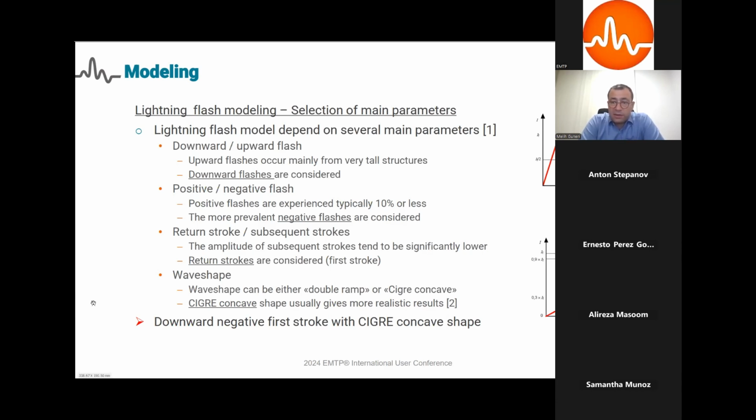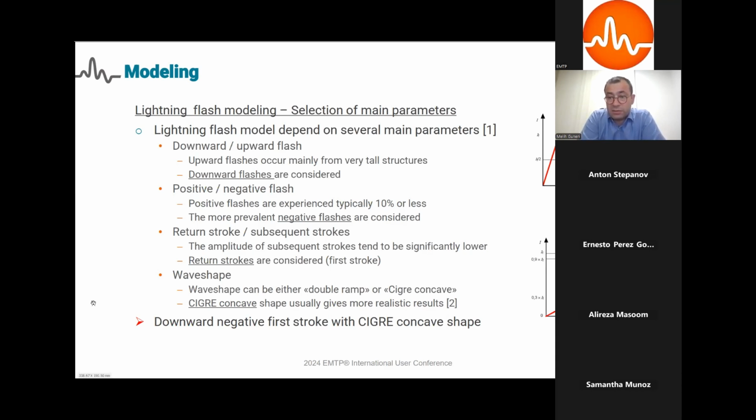The next step for the modeling of the lightning flash is to select the wave shape. This can be either a CIGRE concave wave shape as offered in the CIGRE Technical Brochure, or an IEEE double ramp shape, which is used by IEEE, by the way. But according to IEC 60071-4, it is recommended to use CIGRE concave shape, which is suggested to give more realistic results.